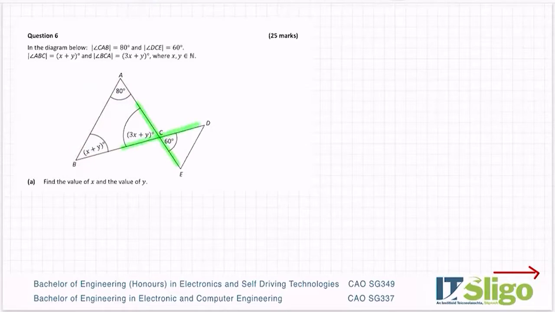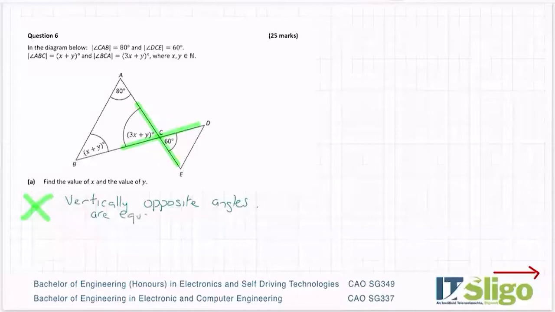I see an X. And when I see an X, as such like that, I see vertically opposite angles, and these are equal.